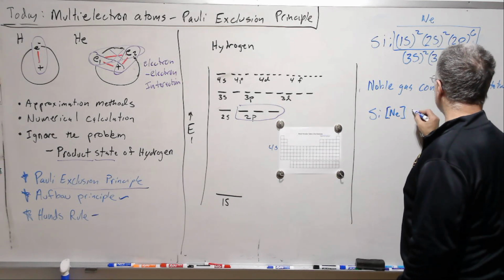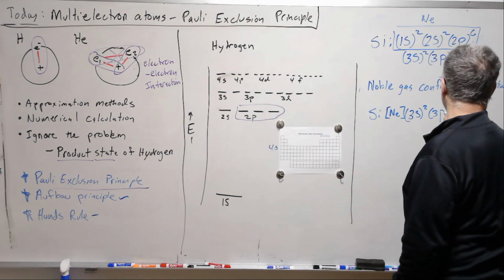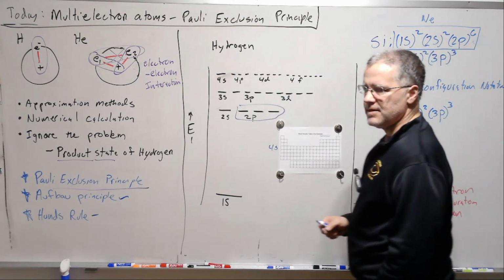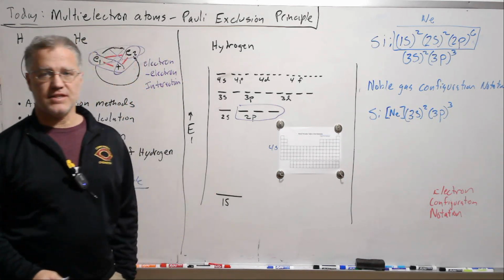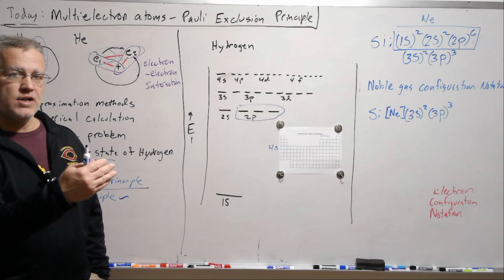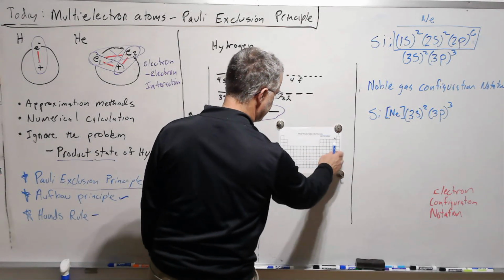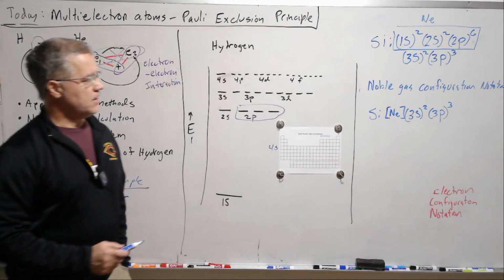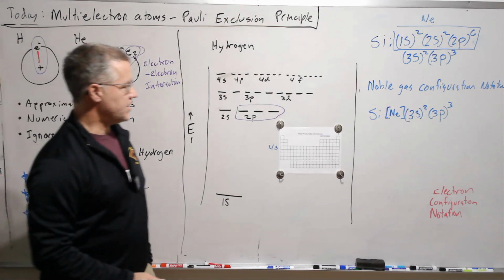And then the remainder comes like that. And that's very handy, especially for the high level elements. You can use the noble gas that you have just wrapped around and then add in the remaining electrons. So this is an example for silicon.